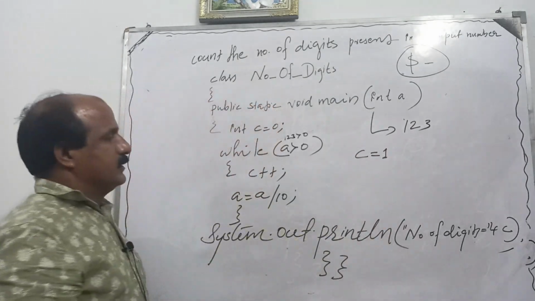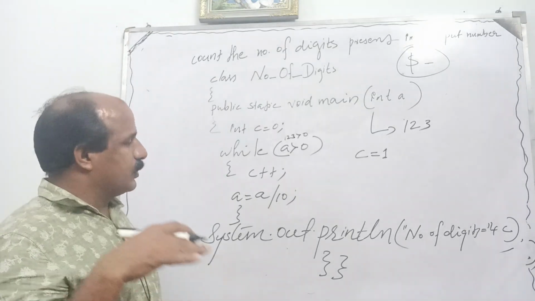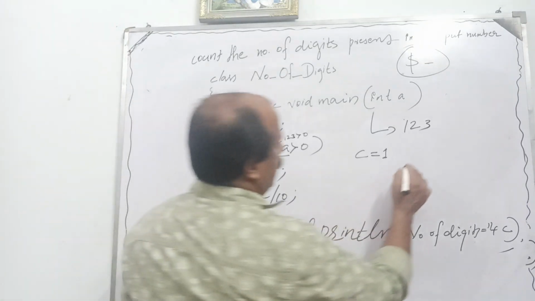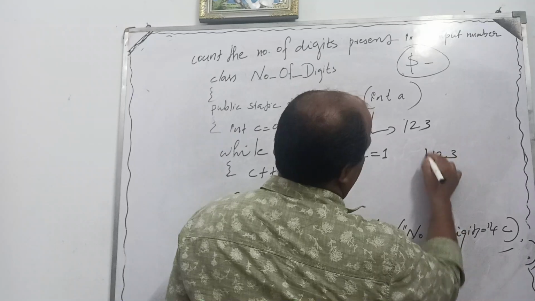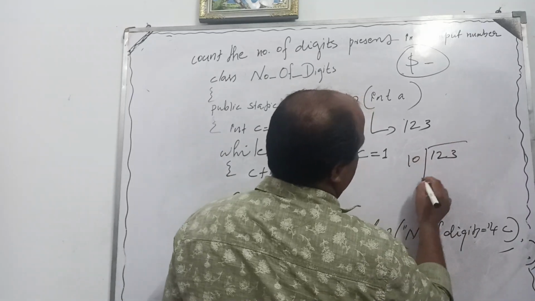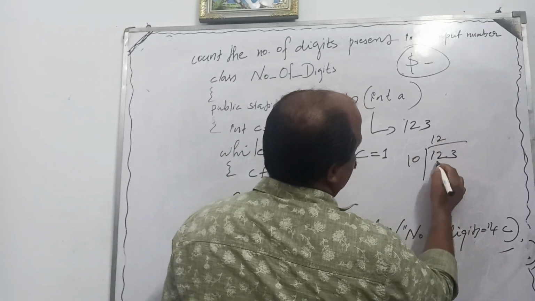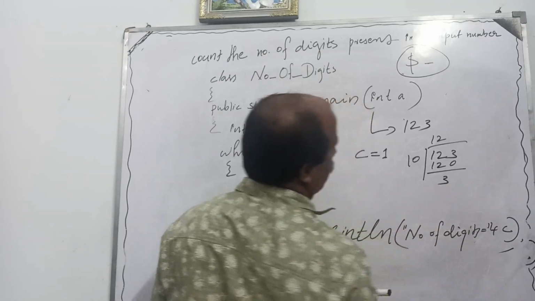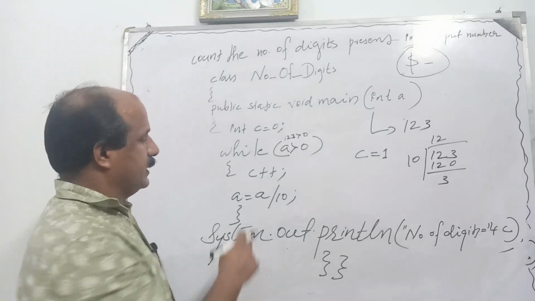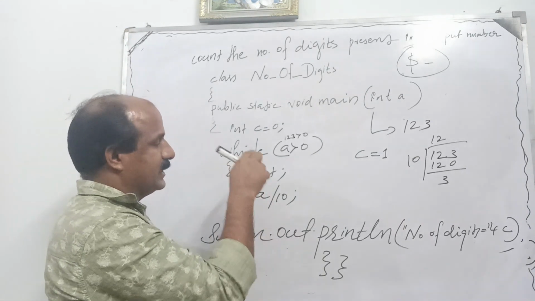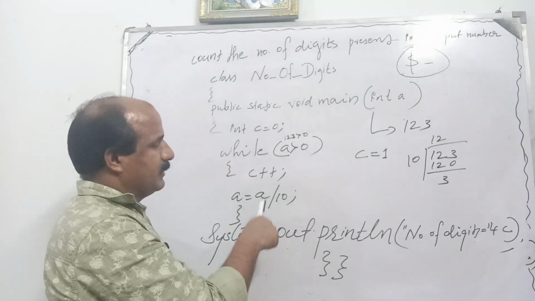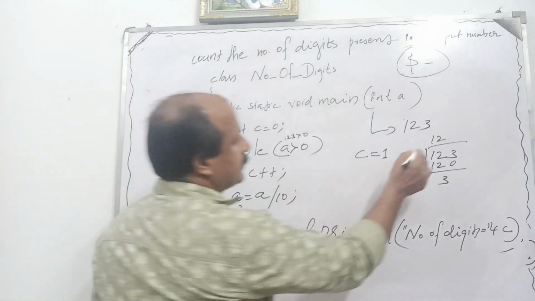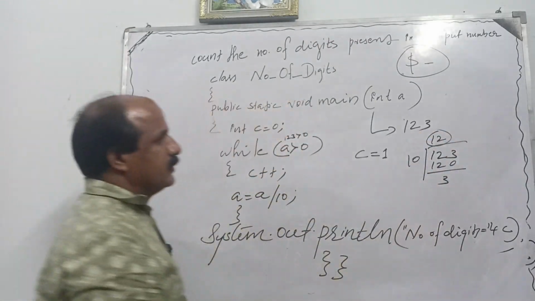Okay. 1. Now a is equal to a divided by 10. A is 123 and dividing it by 10. How many times does it come? 12 times. 120 and 3 is the remainder. Now see, a is equal to a divided by 10. A divided by 10 means this is your answer.